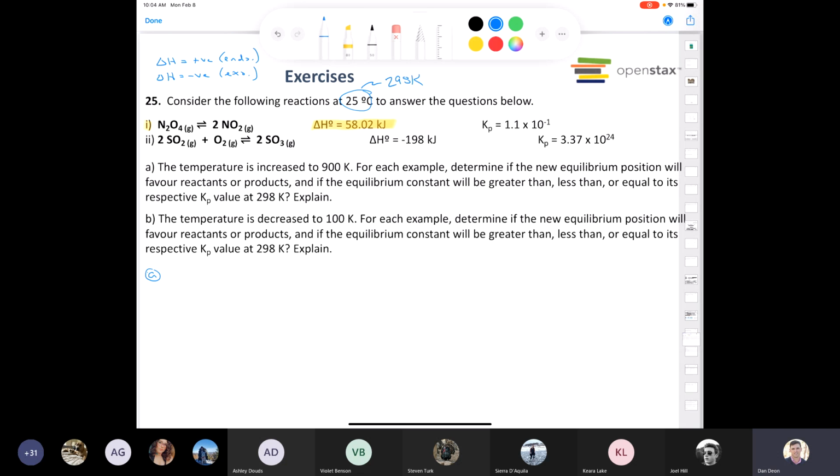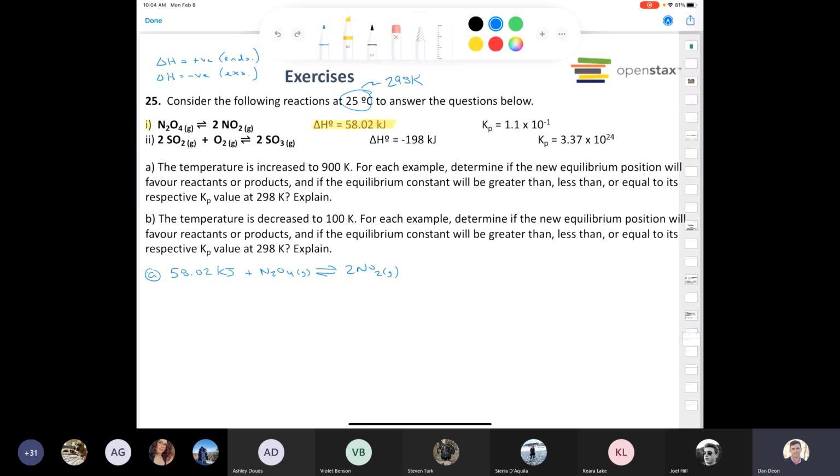All right, so let's see here. If we have A, our reaction, we have 58.02 kilojoules plus N2O4, which is a gas, in equilibrium with 2 NO2 in the gaseous phase, right? That's our reaction. Again, it's endothermic. We're putting heat in as a reactant.